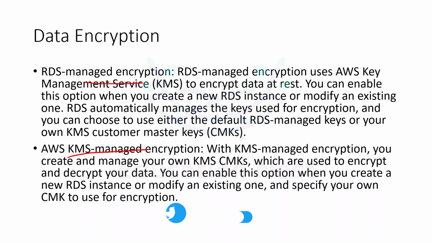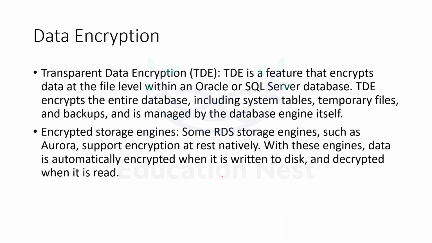You can create and manage your own keys in AWS Key Management Service using customer master keys. Those keys would then be used to encrypt and decrypt your data. Again, you can enable this option while creating the RDS instance, or modify it later. And you have to specify which key you want to use for data encryption.